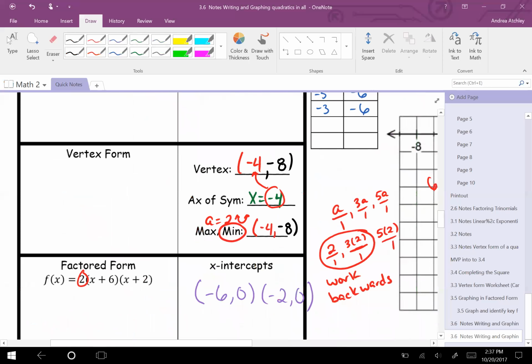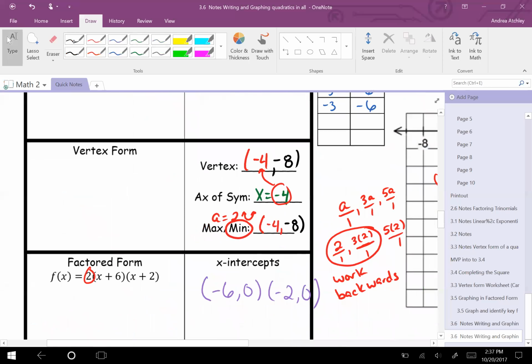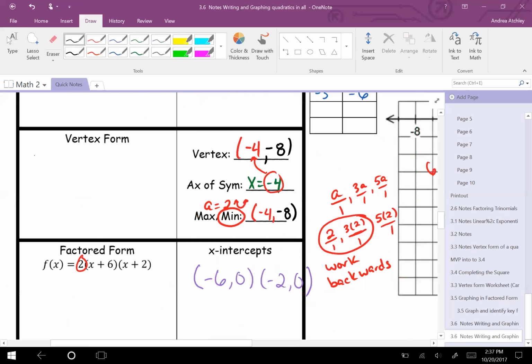Okay. Next. The next thing that would probably be easy would be vertex form, because I have the vertex now. Remember, this is the basic form of a quadratic in vertex form. So f of x equals a times the quantity of x minus h squared plus k. Your hk is your vertex, and then your a value is your a value. So you just plug it in.